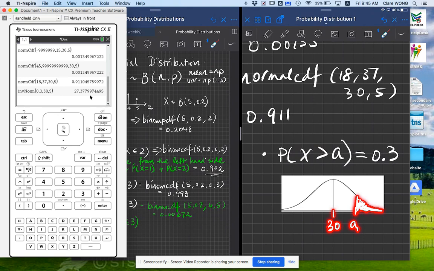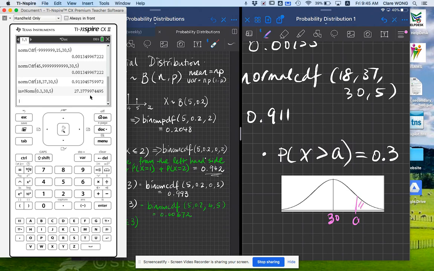However, your calculator won't be able to do that. It reads the area from the left. So instead of thinking it that, oh, it is 0.3, you need to think the complement of it. So let's write down some values. This is 30.